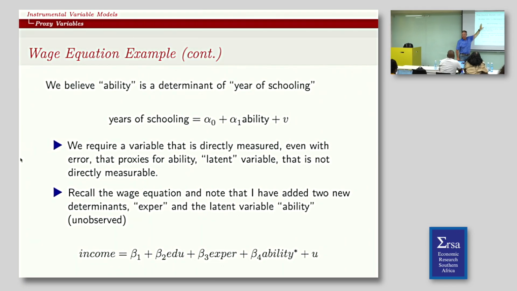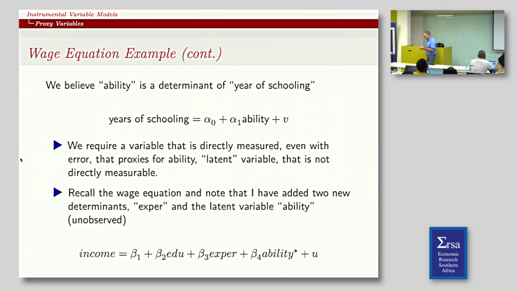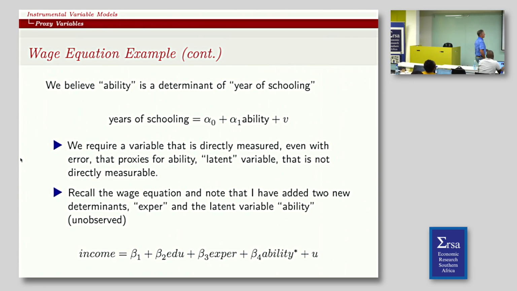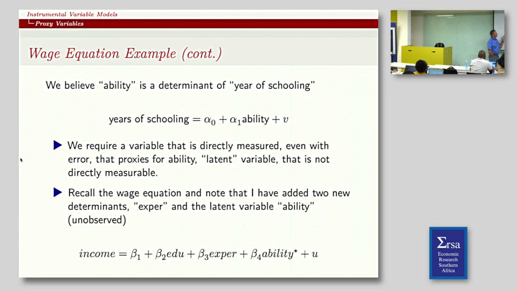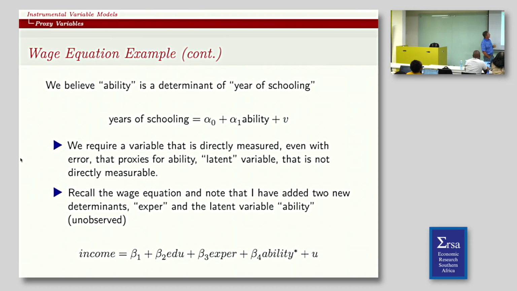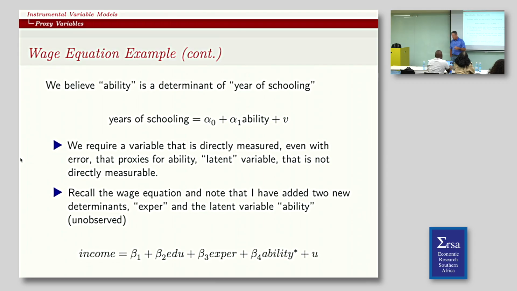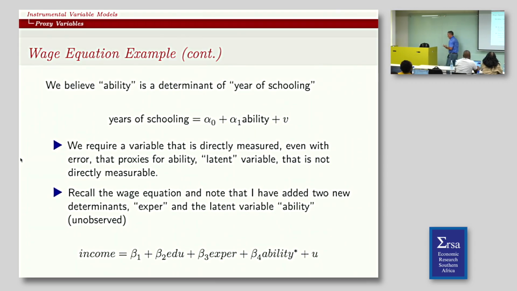One of the things we're going to argue is that ability is likely to influence your education. The more able people find education a little bit easier to accumulate, all things equal. So what we require is a variable that is directly measured, even if it's measured with error, that proxies for ability.